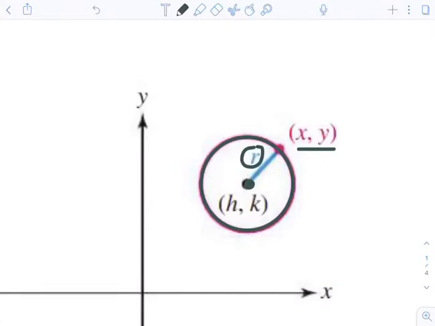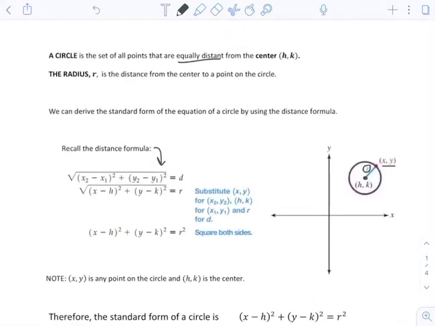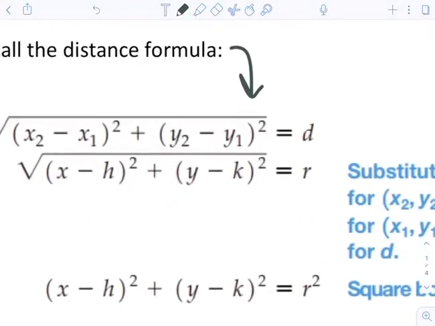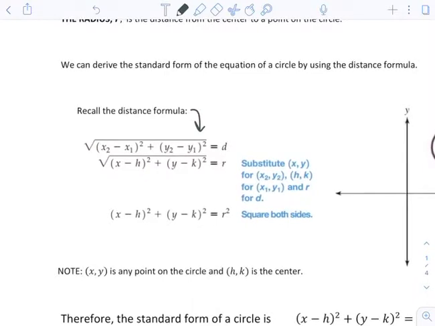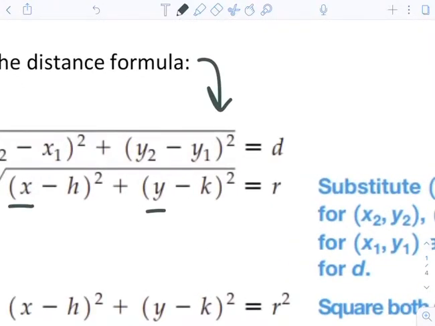You're finding the distance between 2 points. That's creating your radius. So my 2 points, we would say, is x and y. So the x and the y is going to stay the same in the distance formula. And my other point is my center, my h and my k. So I'm finding the distance between a point on my circle to the center. That's going to give me the radius, right?